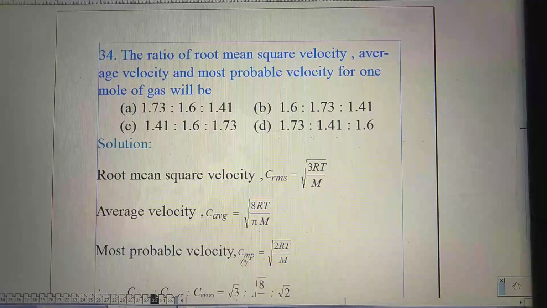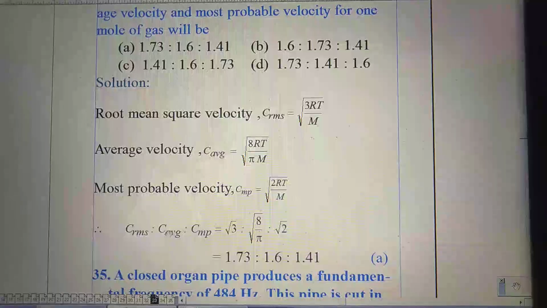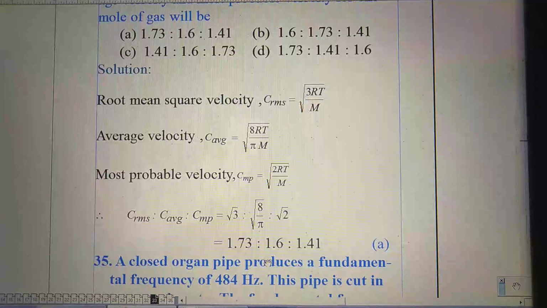Most probable velocity, C MP, equals root over 2RT by M. Therefore, C RMS is to C average is to C MP is root 3 is to root over 8 by pi is to root 2. After calculation, how much did we get? 1.73 is to 1.6 is to 1.41. So the right option is A.